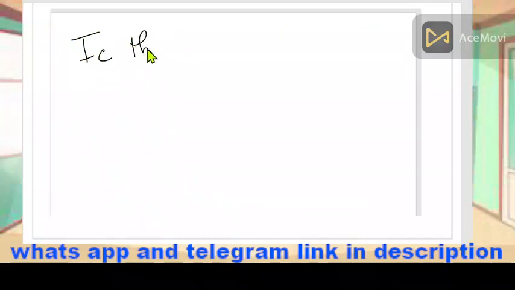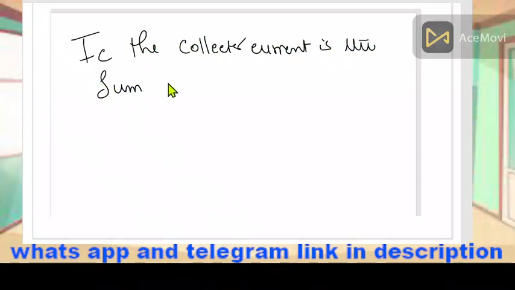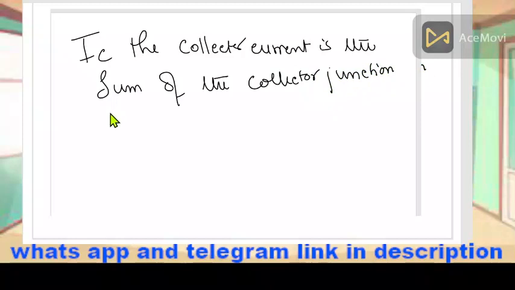So collector current is not a single current. The collector current IC is the sum of the collector junction current, the current flowing through the collector junction, and the minority charge carrier current, ICO, or the leakage current.